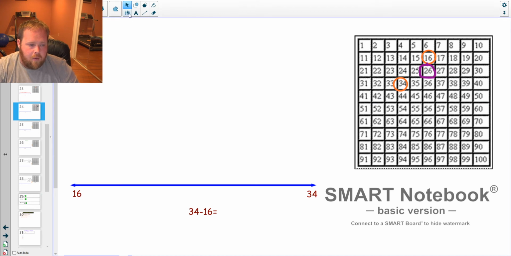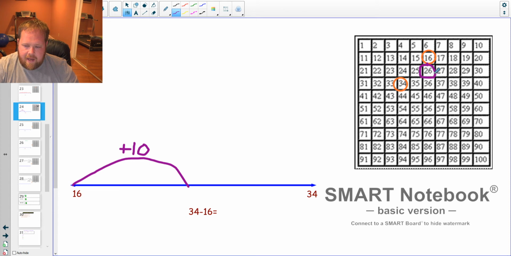Here's 34. And we're only at 26 right here. So I know that I can go plus 10. And notice that I'm writing plus 10 up there. So plus 10. 16 plus 10 is 26.